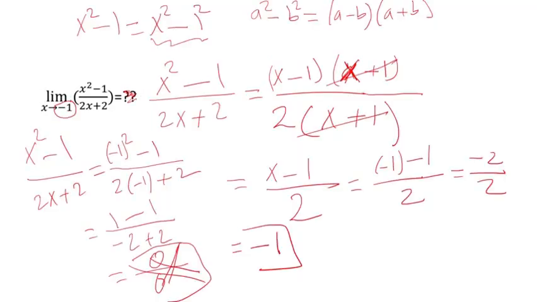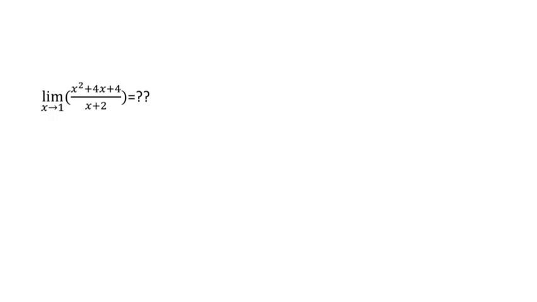So in this case, that's where knowing those identities is very important. So again, we can just write the entire thing: x squared plus 4x plus 4 divided by x plus 2.